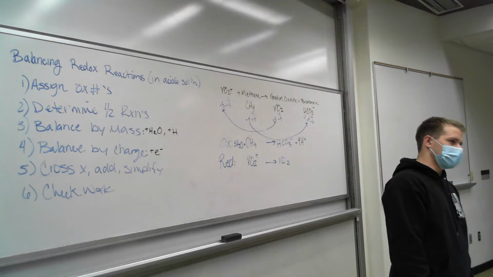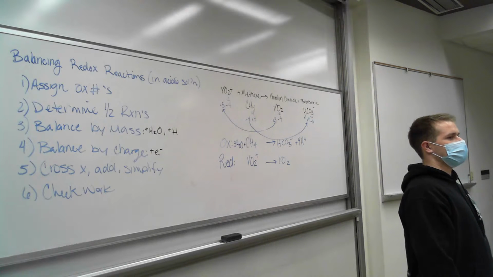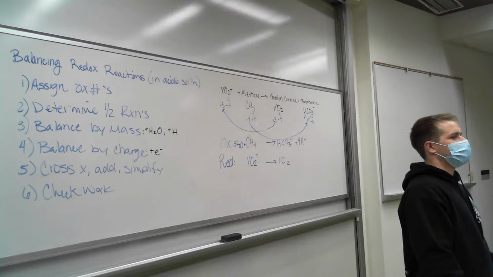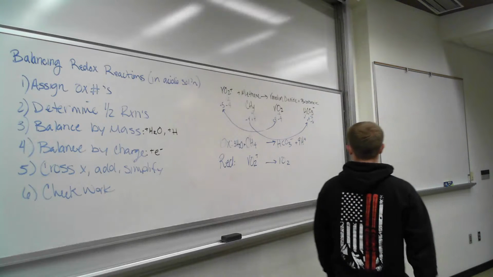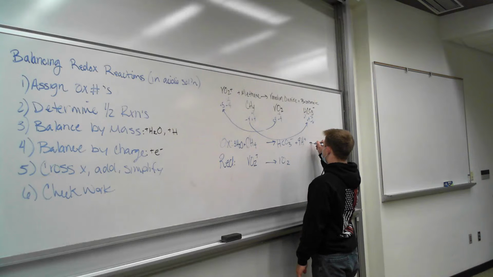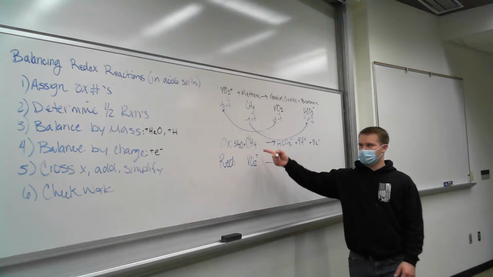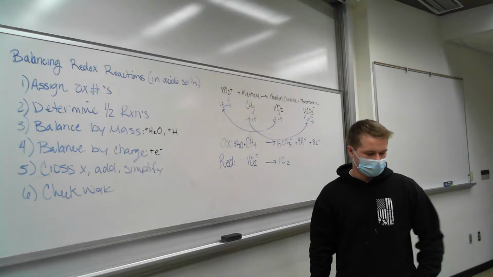So what do we need to do to balance our oxidation reaction by charge? Add 8 electrons to the right side, because +8 minus 8 gives us 0. And that gives us right back to where we were from our reactant side.